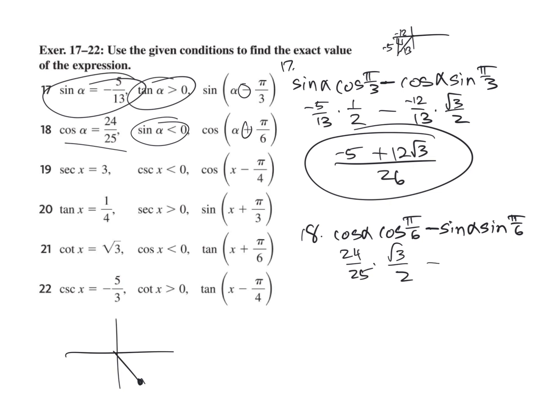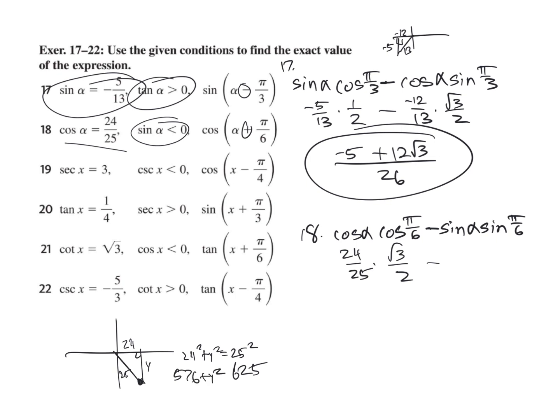The sine of alpha we have to figure out. So the cosine of alpha is 24, the adjacent leg, over the hypotenuse. And then we use the Pythagorean theorem to get y. Okay, so 24 squared plus y squared equals 25 squared. So use your calculator and you figure out what 25 squared is. So that's 625. And 24 squared, that's 576.